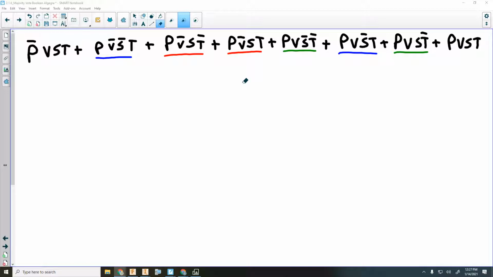Actually, it finally hit me today. I've been teaching this class for 10 or 11 years now, and I finally figured out the easiest and fastest way to do this. And like I've said before, with Boolean algebra, it's like driving directions. If you take a wrong turn, somehow you have to backtrack and start over.